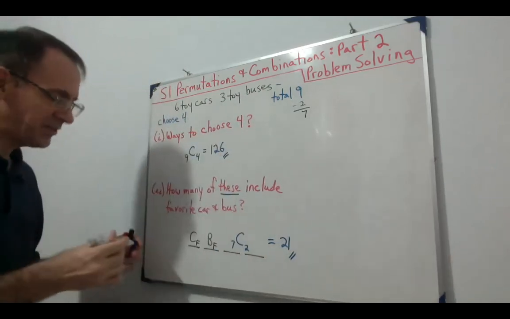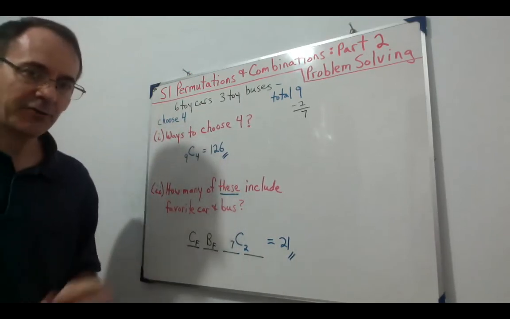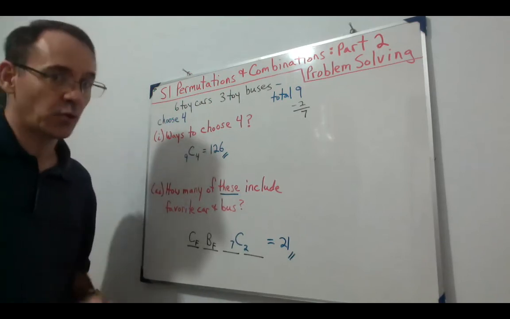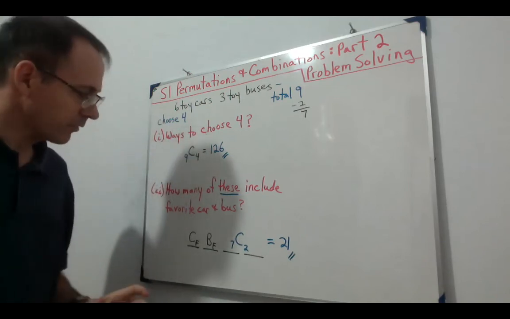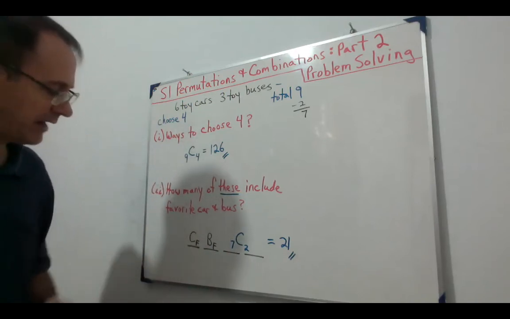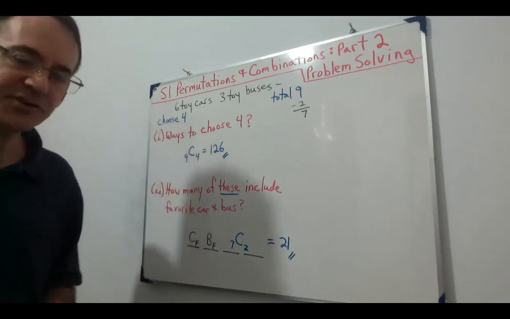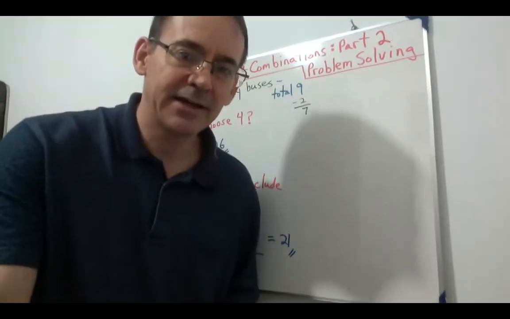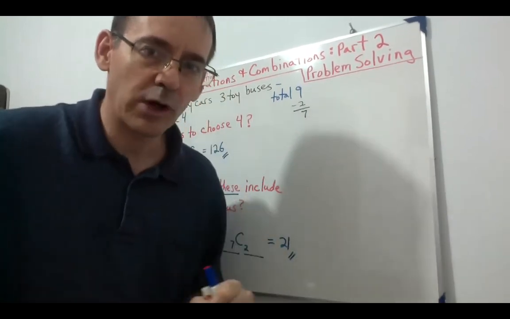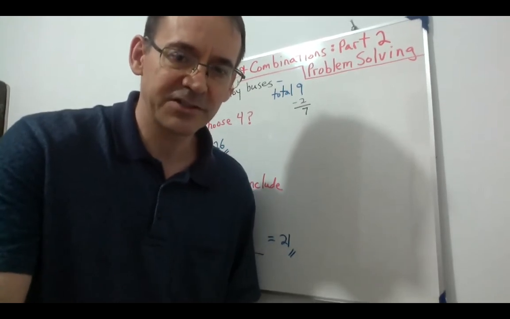So out of these 126 possible 4-toy combinations, 21 of those 126 will be combinations that do include his favorite car and his favorite bus. So that's our first example. And again, we'll use what we learned in Part 1 to help us think our way through these questions as much as possible.